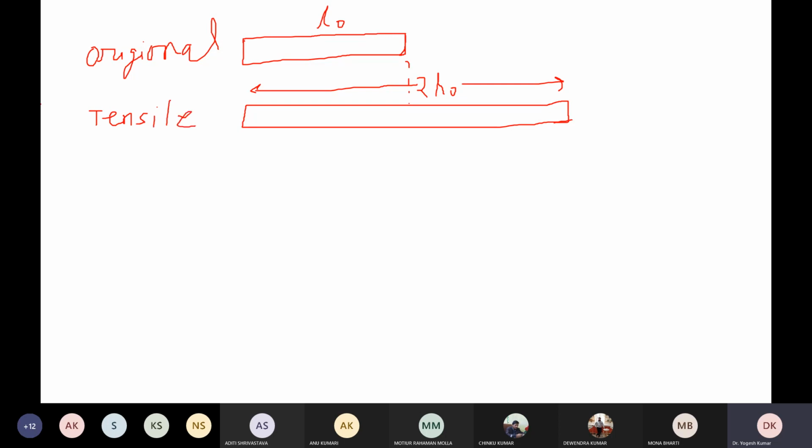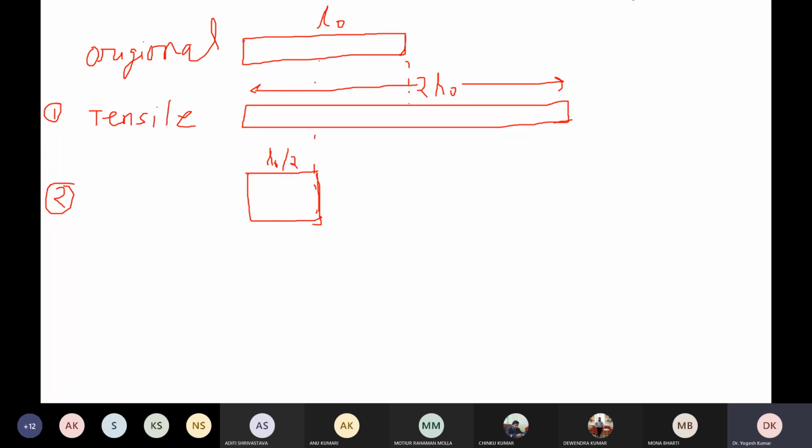Let us take case two. We are compressing this metal strip. Since we are compressing, suppose we have compressed it to half of the original length. So now your length becomes L0/2.